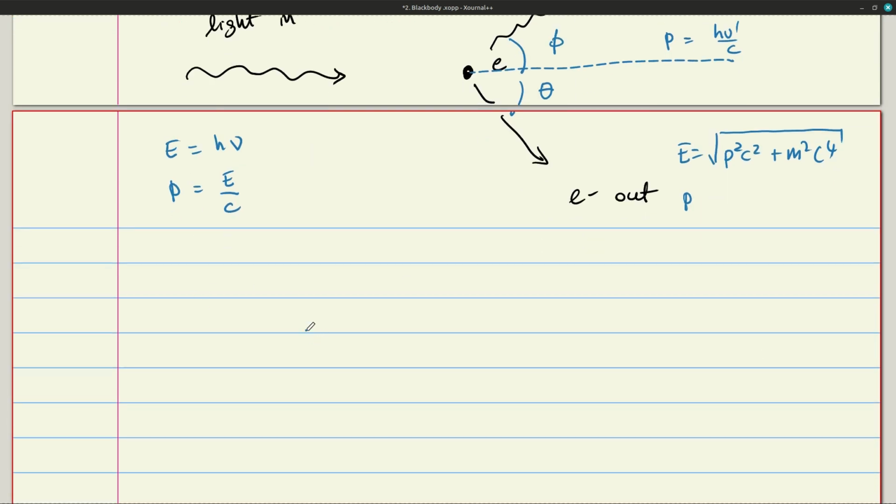So I'm going to write three conservation laws, two for momentum in the x and y directions, and one for energy. In total, three conservation laws. Let's do that.